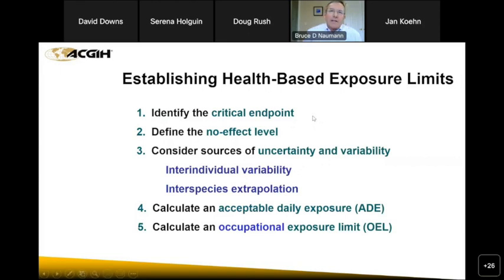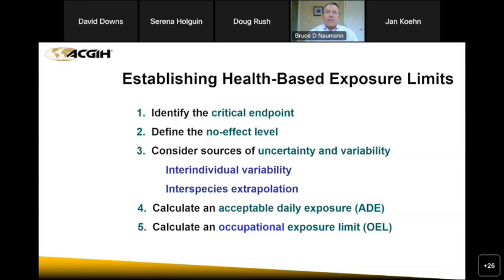So the process after reviewing all of the available data is to try to identify the critical endpoint, which serves as the basis for the OEL. And that really is the first adverse effect that you see as you start going up the dose response curve, or as the exposure is increasing. And we try to identify a no effect level for that endpoint, and then apply various safety or uncertainty factors.